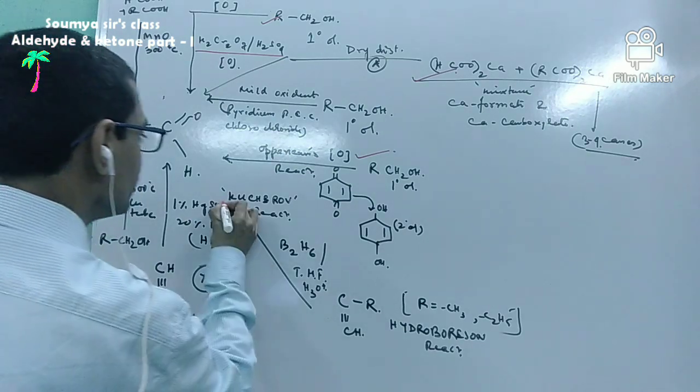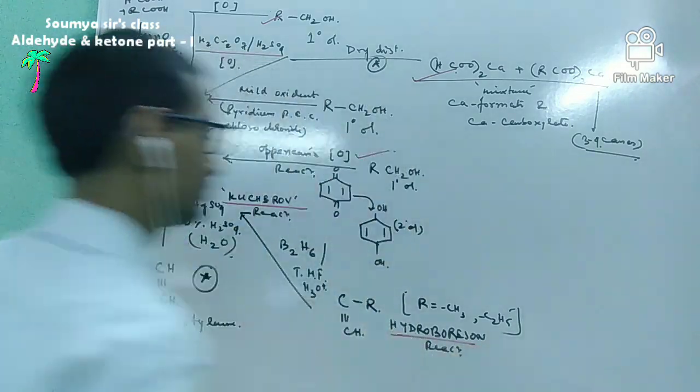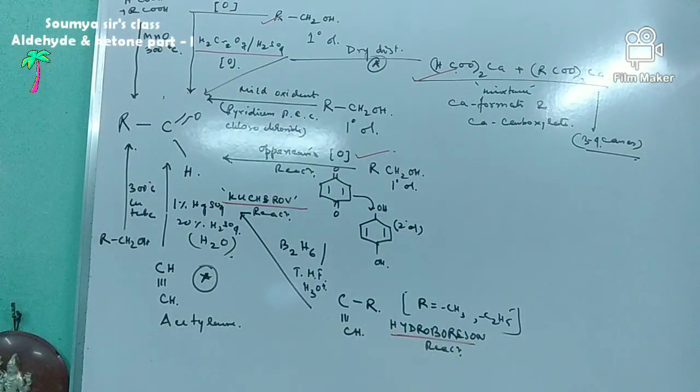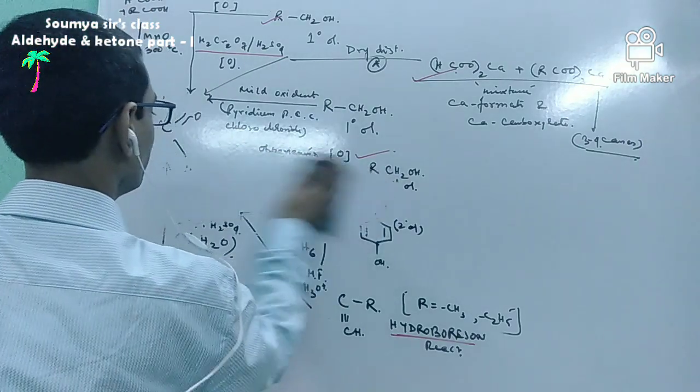So we will consider again the reaction methods of aldehyde right in the central box. This way we can learn the general properties and general preparations of aldehyde and ketone both.